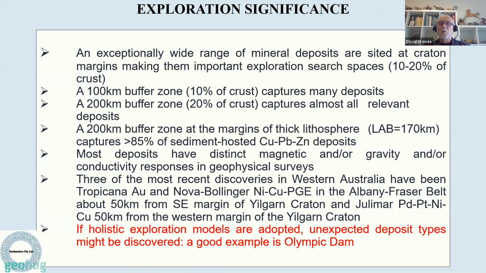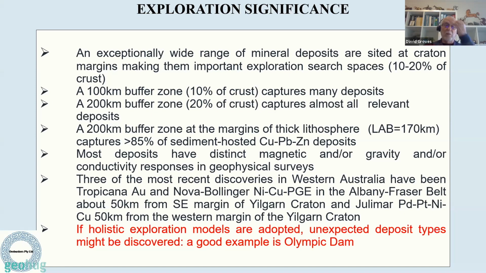So what's the exploration significance of this? Well, I think there's an exceptional wide range of mineral deposits or mineral systems sitting at these craton margins, making them important exploration search spaces. At a 100 kilometre buffer zone, 10% of the crust captures many deposits.